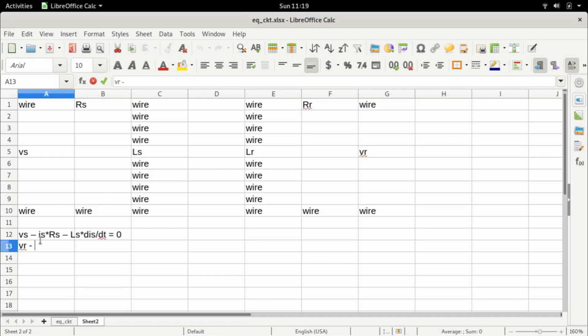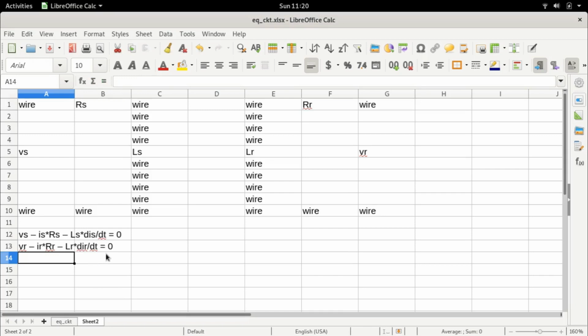They are, you can say, sin omega t or cos omega t. And we can write the same for the rotor, vr minus ir into Rr minus Lr into dir by dt is equal to 0. And let me put a multiplication sign just to be clear that these are actually multiplied.